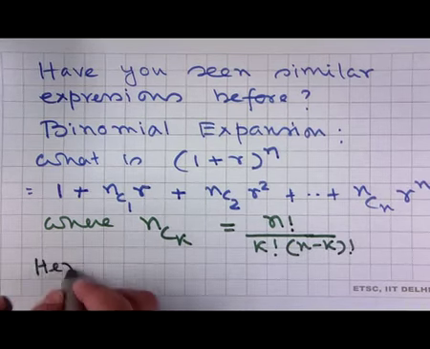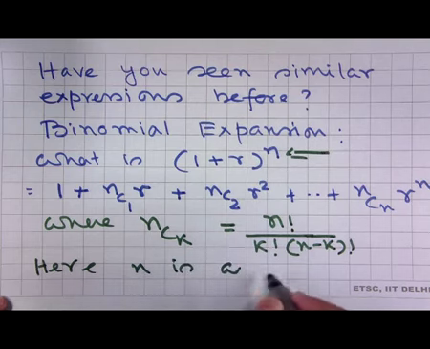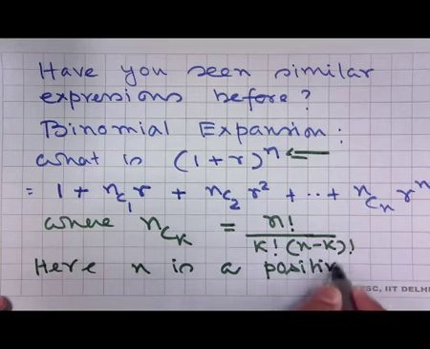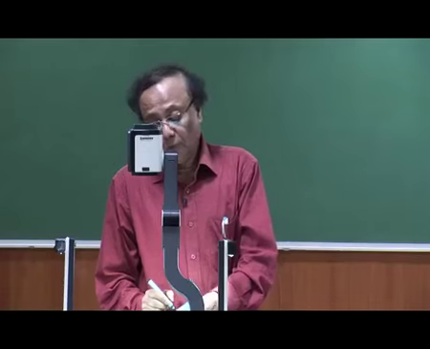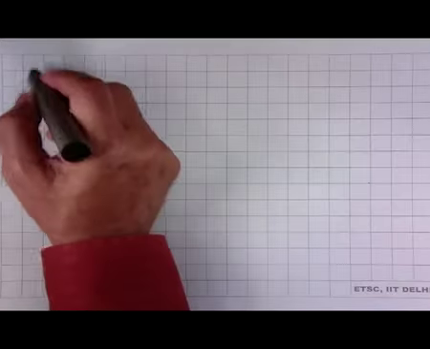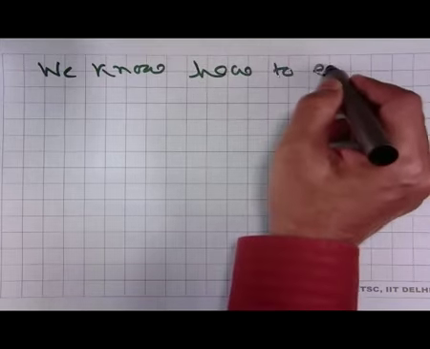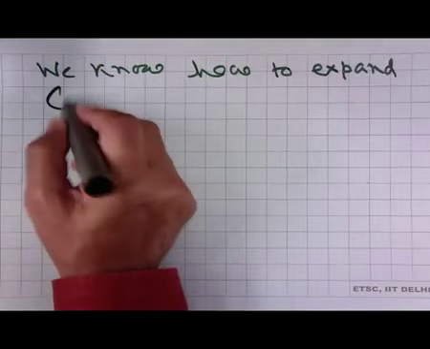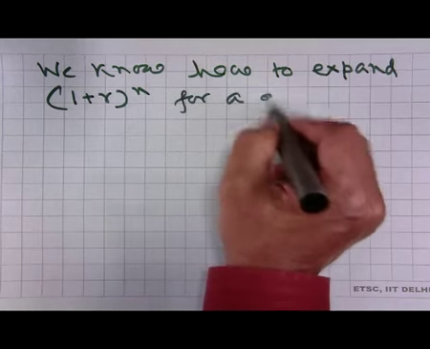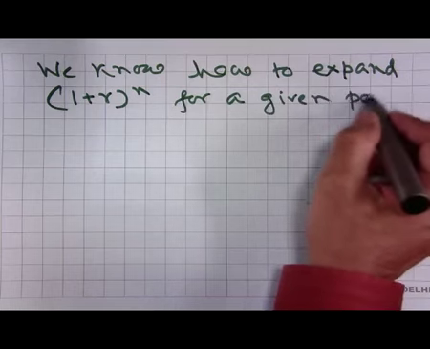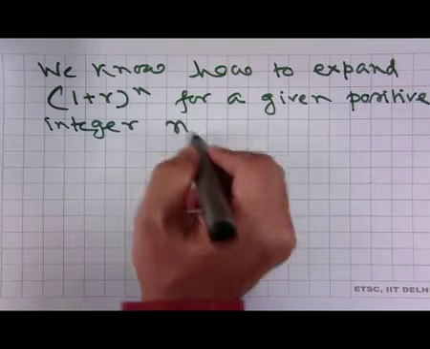Here n is a positive integer, right. So, we know how to expand 1 plus r whole to the power n for a given positive integer n.